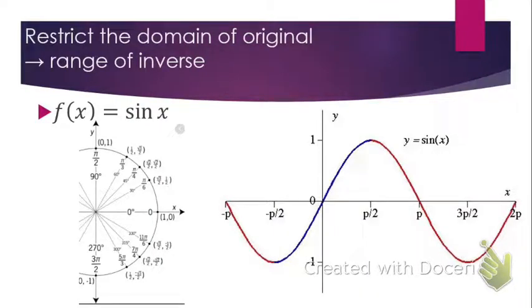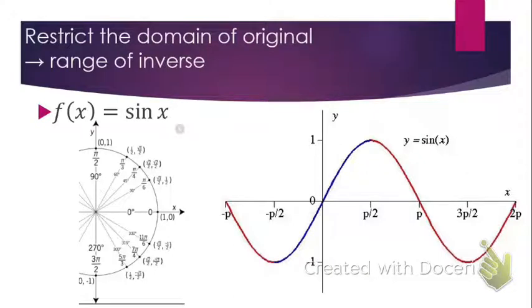So this is a graph for the parent function for sine. In order for it to be one-to-one, we have to look at a piece of the graph. So we're not looking at the entire graph. We're only looking at a piece of the graph, a piece before it's not one-to-one.